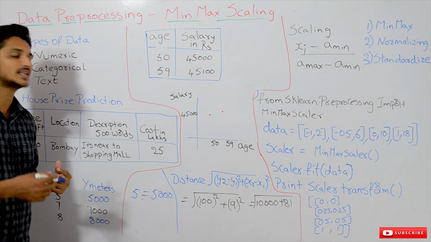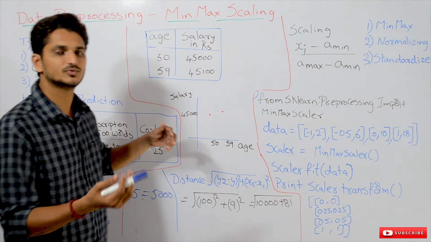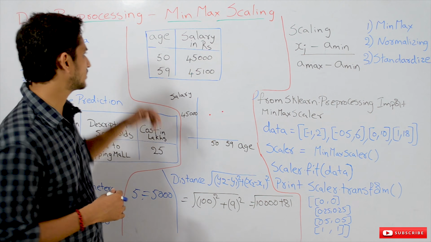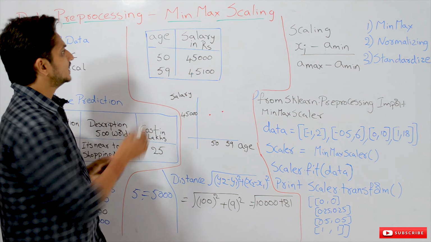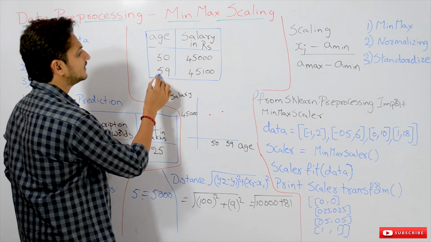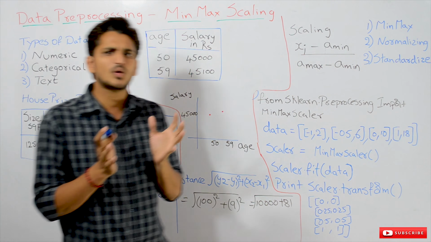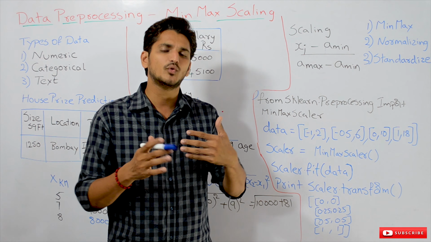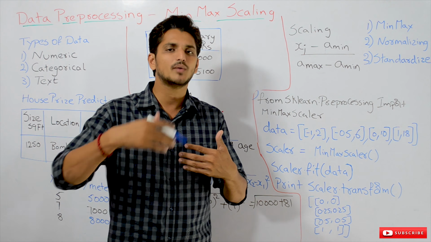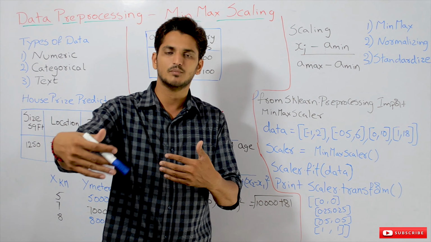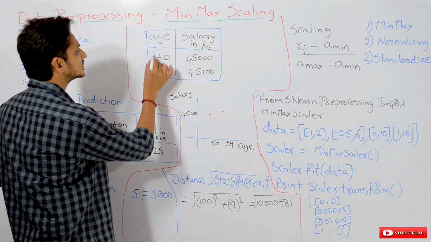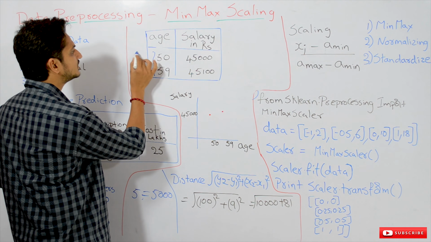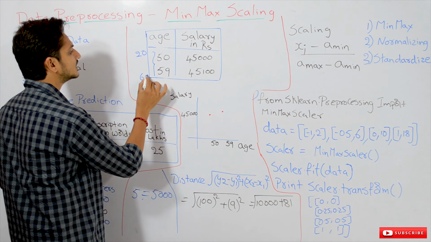Let's take one more example and understand some more problems which we face with numerical data. Age and salary. Generally, employee age will be between 20 and 60. We start employment at 20 and we end employment at 60. Means the scale of these values is between 20 and 60.